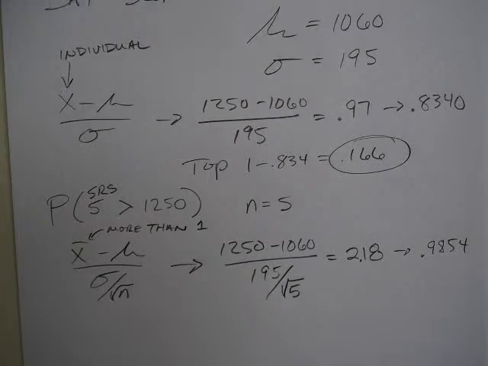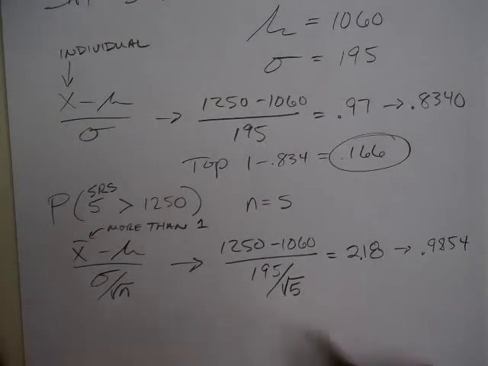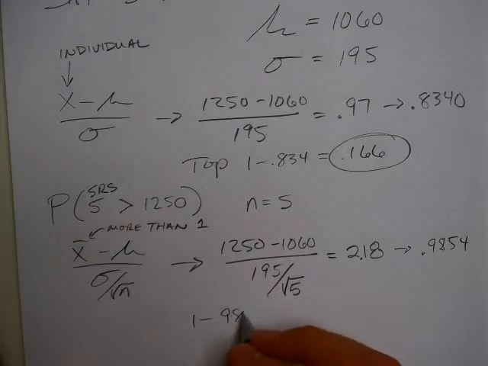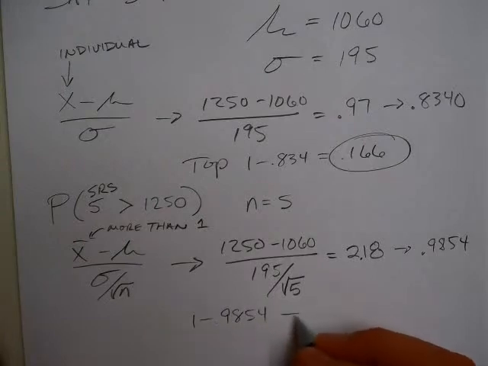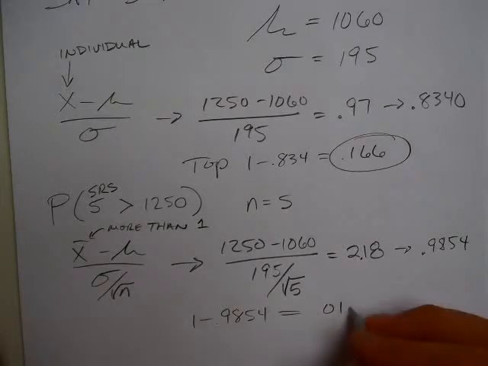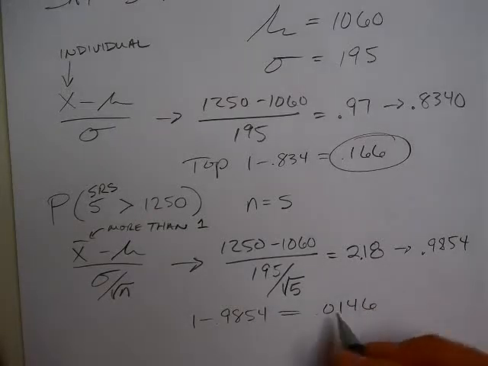So it's pretty unlikely that I would get a group of 5 that would be this large or more. So the probability of getting that group of 5 is going to be 1 minus the 0.9854, which is going to equal 0.01, what is that, 46, I think.